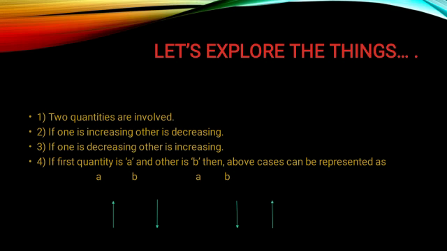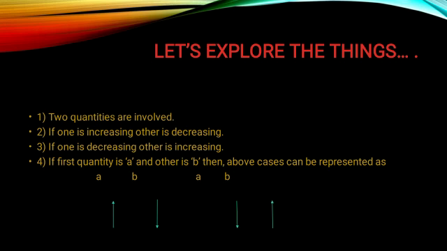I am sorry about that, but you can see for the first A the arrow is upward, and for the first B the arrow is downward. It means if A is increasing, B is decreasing. In the second figure, if A is decreasing, B is increasing. So you can see here one quantity is decreasing, the other is increasing, and first is increasing, the other is decreasing, right?